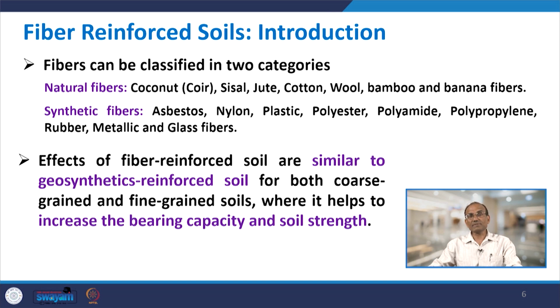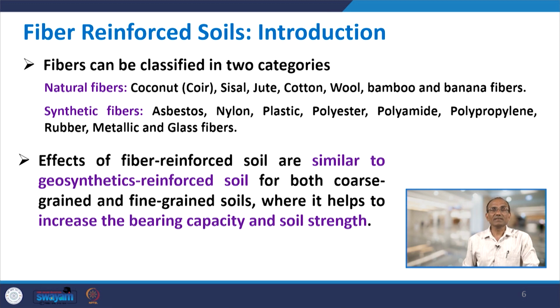Now, fibers can be classified in 2 categories. One is natural fibers, which could be coconut, typically also called coir fiber. Then you have sisal, which is like small cuttings, and then you have jute, cotton, wool, bamboo and banana fibers. These all come under the category of natural fibers, because they are naturally available from the trees.